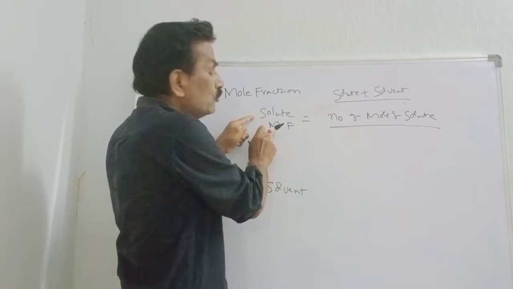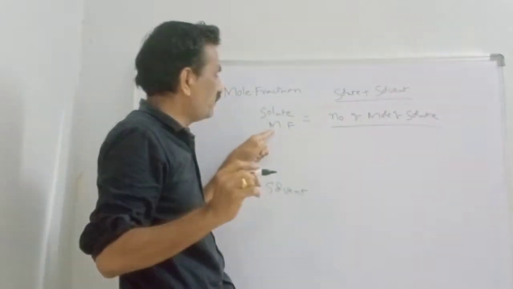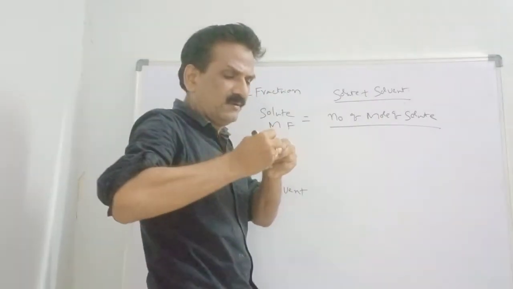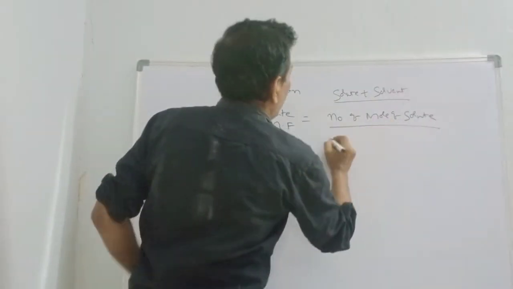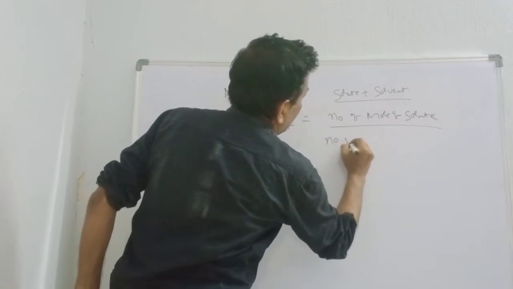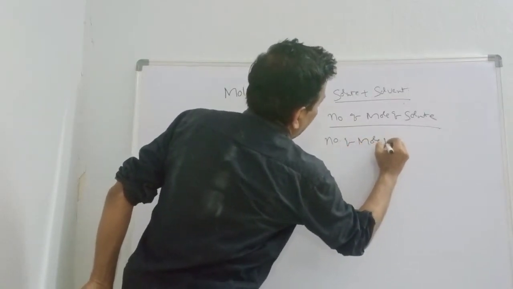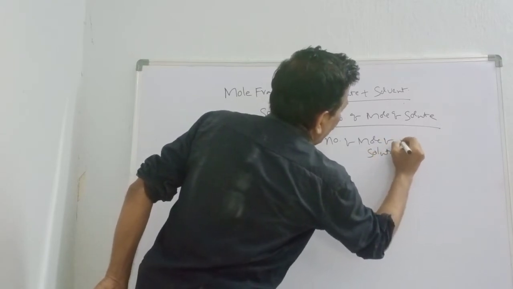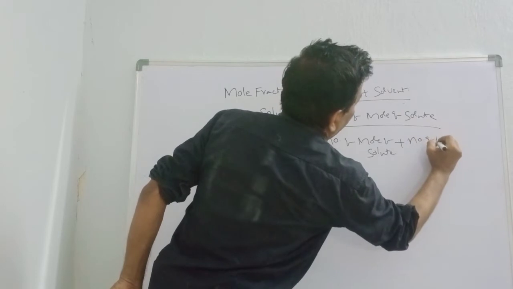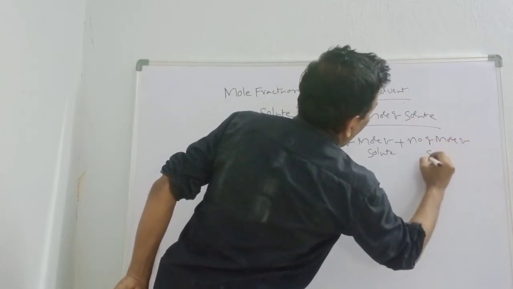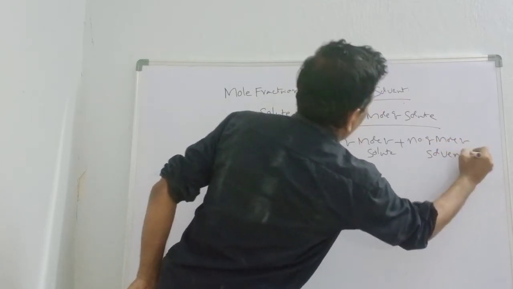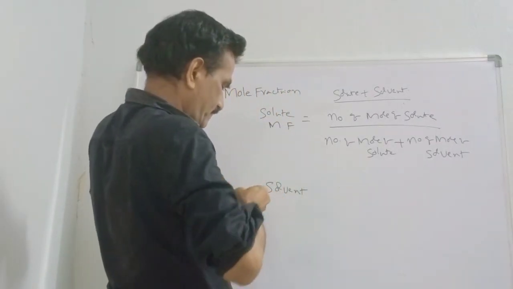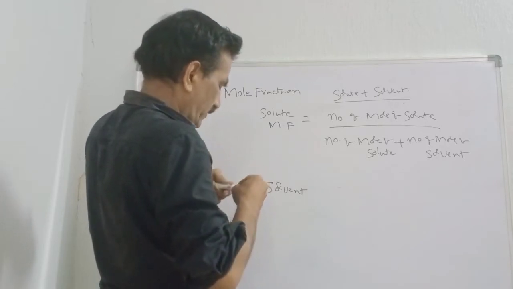So if you want solute mole fraction, MF means mole fraction: number of moles of solute by number of moles of solute plus number of moles of solvent. This is the solute mole fraction.